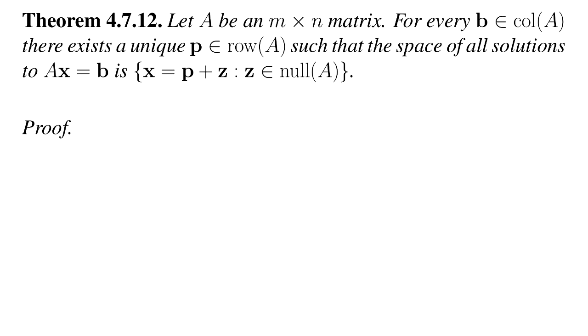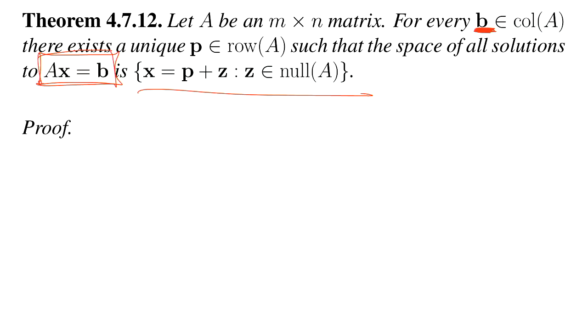So you pick any B in the column space, and the claim is that there's a unique thing in the row space, not just that there is something in the row space, there's a unique thing in the row space such that the set of all solutions to AX equals B is precisely this unique P that lives in the row space plus any element of the null space, okay?